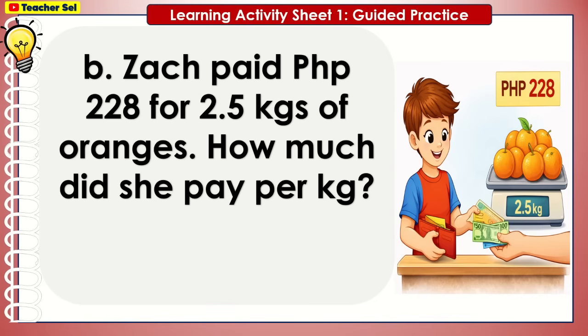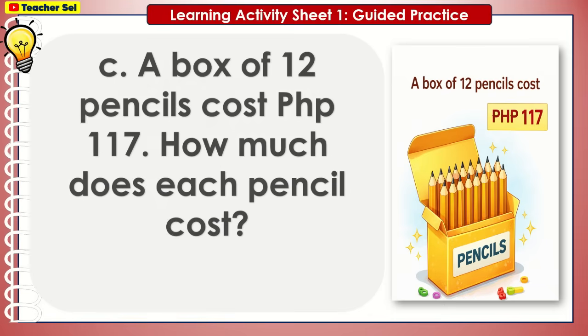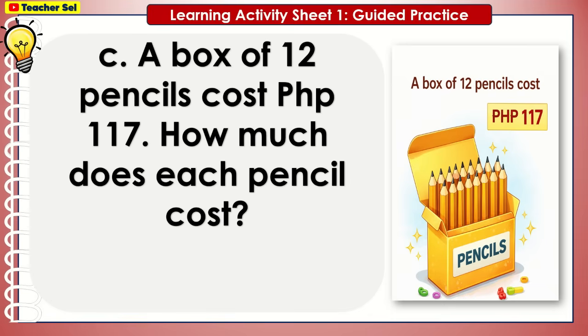How much did she pay per kilogram? 91 pesos and 20 centavos. A box of 12 pencils costs 117 pesos. How much does each pencil cost? 9 pesos and 75 centavos.